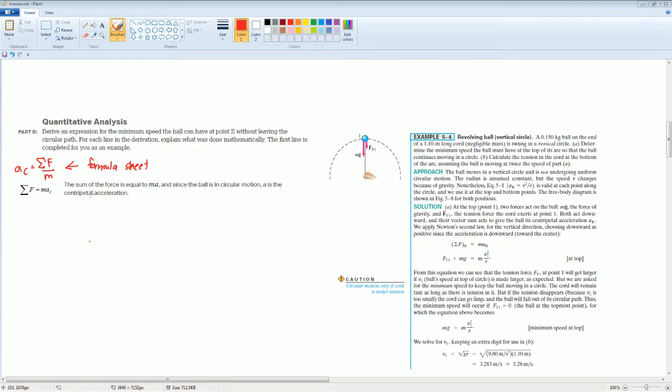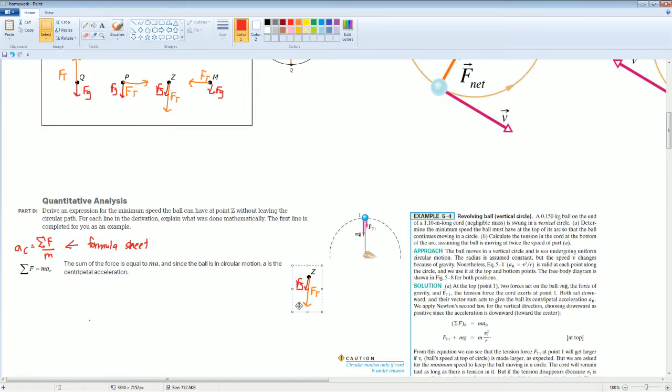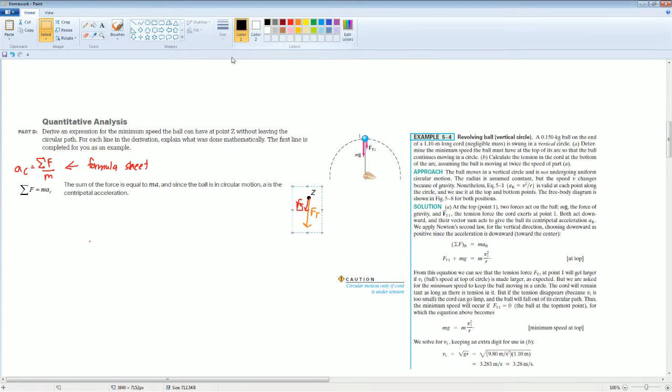Now we have to ask ourselves, what are the forces that make this up? We know it is at point Z, right here. We had the two forces, just right here. It is going to be FT plus Fg is going to be equal to m ac.